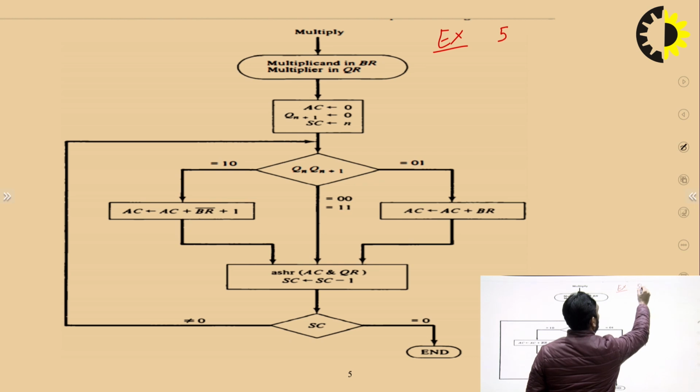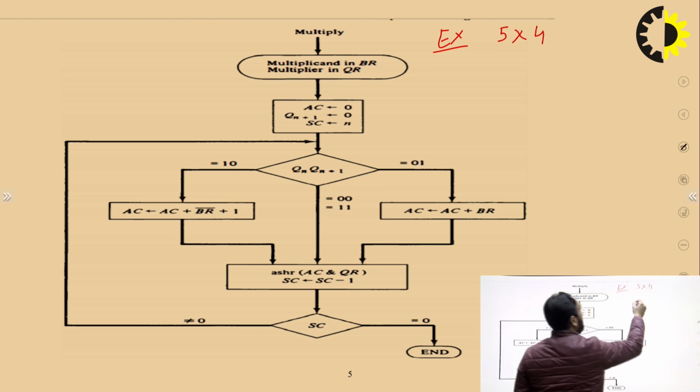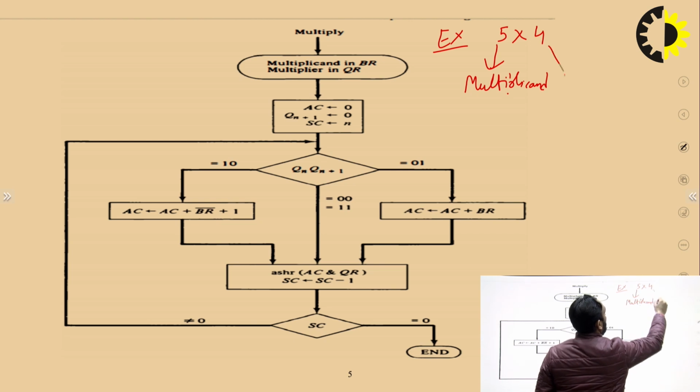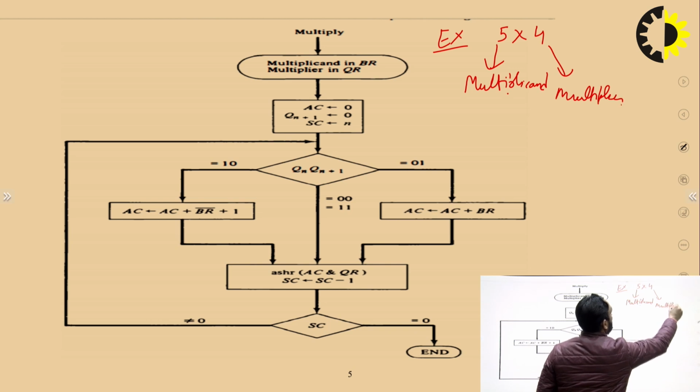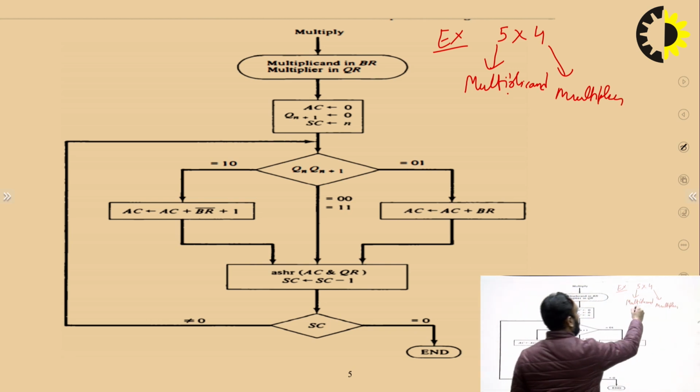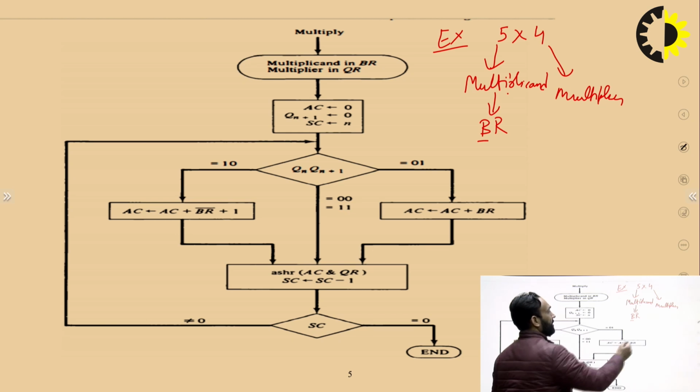For example, take the multiplication 5 into 4, where 5 is the multiplicand and 4 is the multiplier. The value of the multiplicand is stored in the BR register, B for the register.